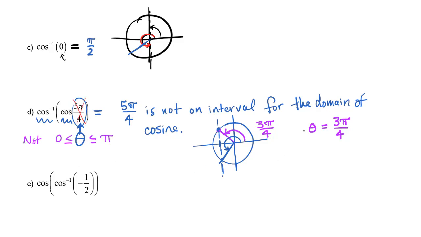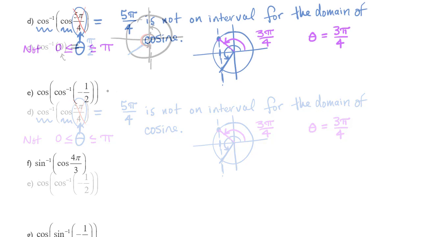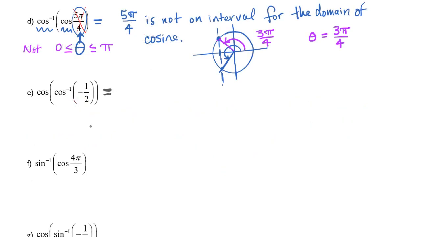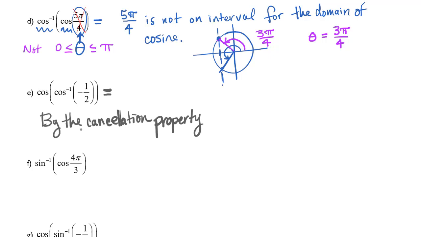So we either have to find an equivalent angle in the domain, or we have to throw it out. In example E, we have cosine of cos inverse of negative 1/2, and we can just say by the cancellation property, we get negative 1/2.